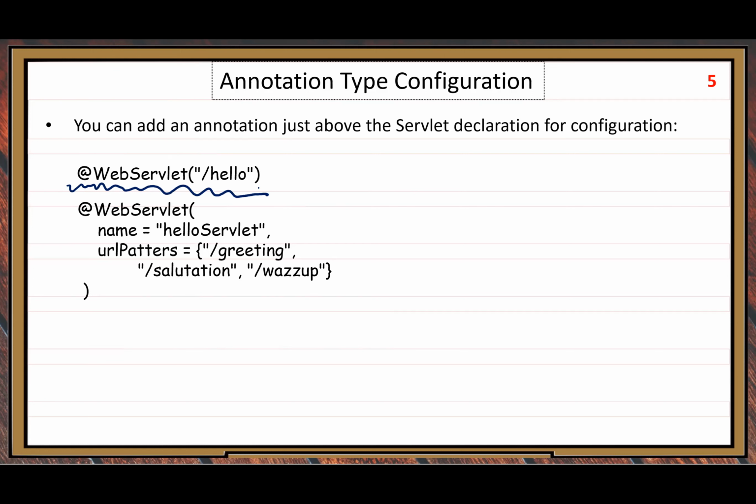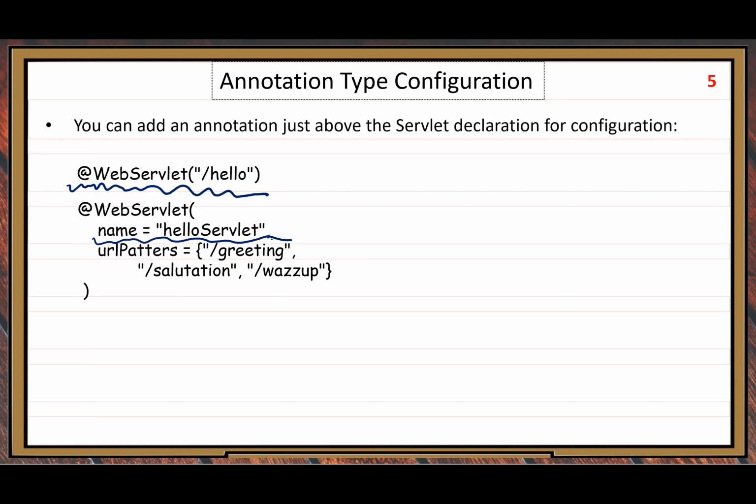And here I give you another case. If you want to specify multiple URL patterns, then you provide comma separated strings. Here you can see a name-value pair: name equals double quotes hello. This time you change the default servlet name. Name corresponds to servlet name, and this time I do not use the default. I use lowercase hello.